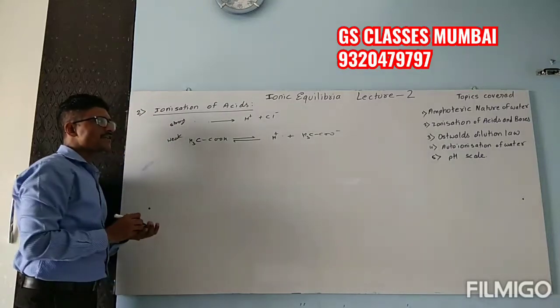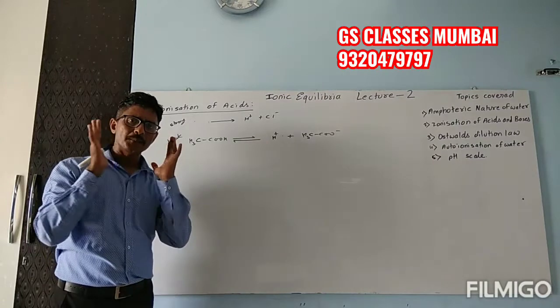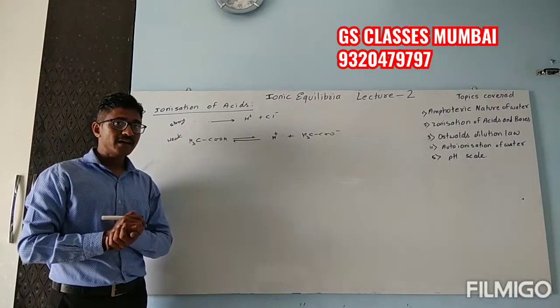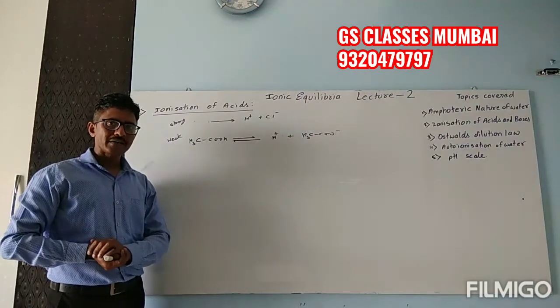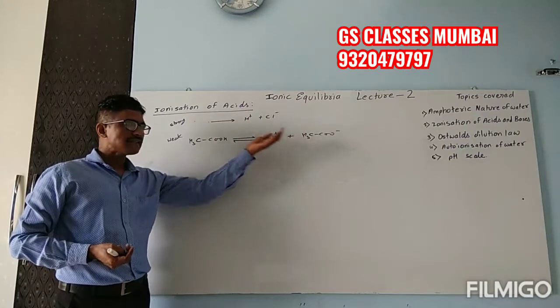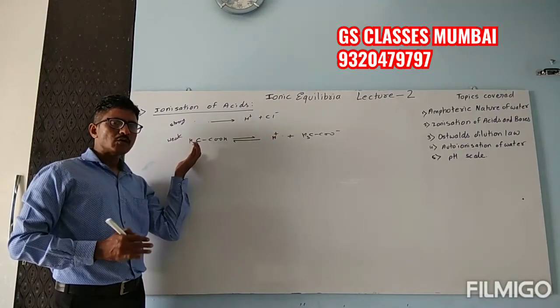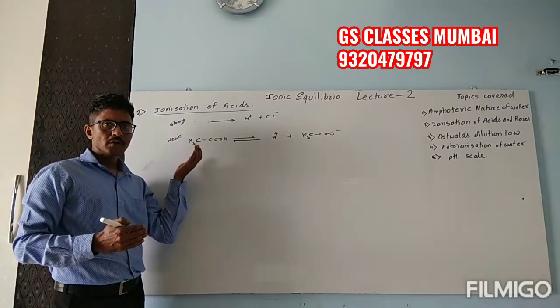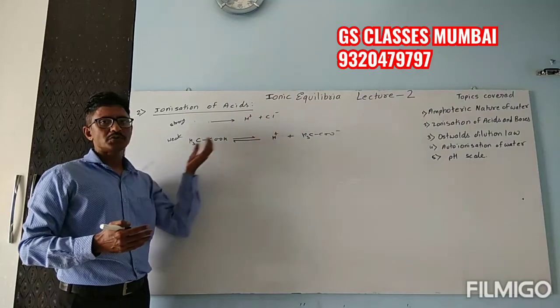That derivation tells you, at the stage of equilibrium, we all know what equilibrium is. The reaction is moving forward, again the reaction is coming backward, and in course of time you find that there is no change in the amount.